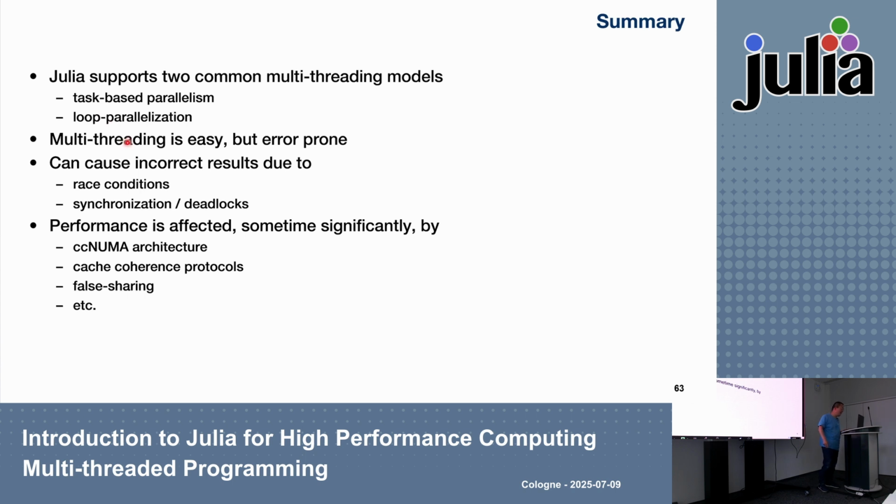From the Julia syntax, it's very simple. But as you can see, I talked about it for a while. There are many chances that you may have an incorrect result because of the so-called race conditions, or maybe you have performance problems because of the so-called ccNUMA architecture, or cache coherence problems, or even false sharing.